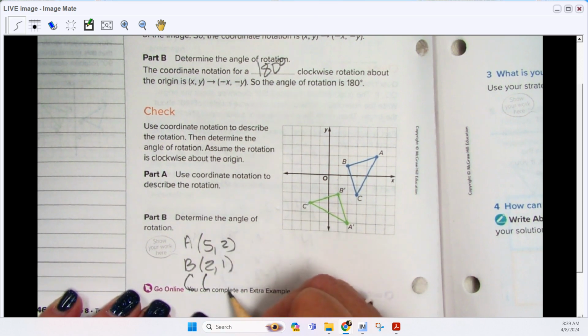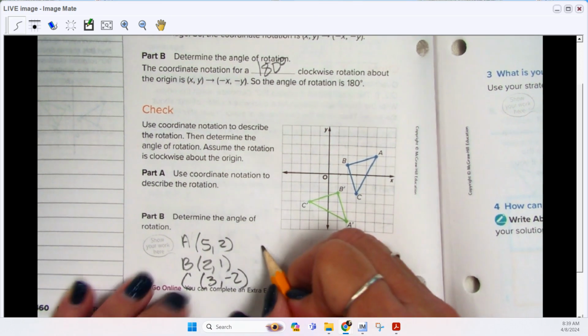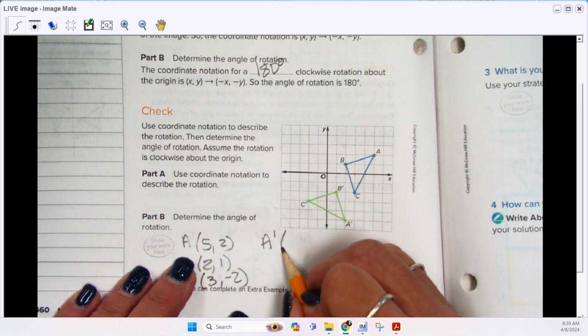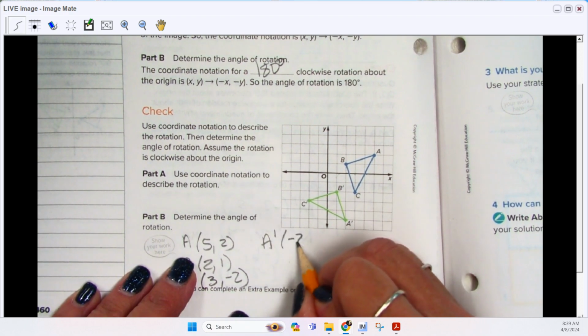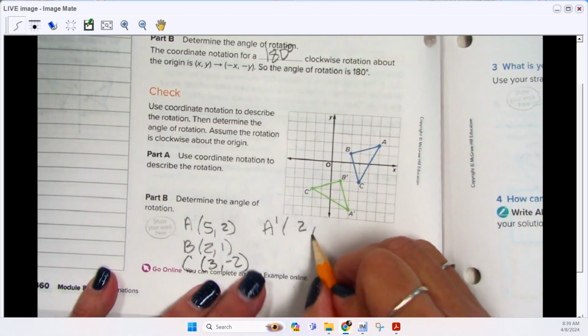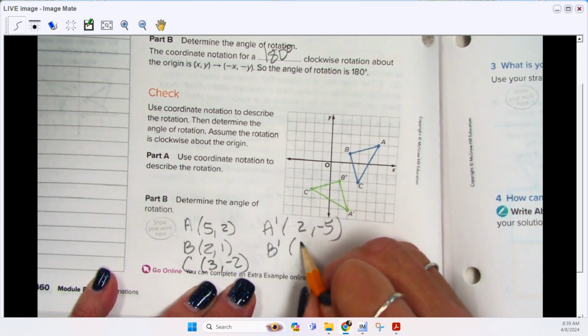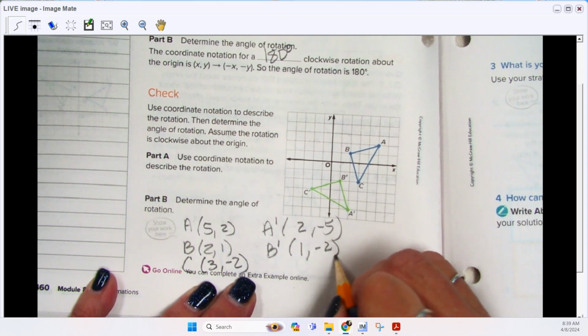C is at 3, negative 2. A prime is at 2, negative 5. B prime is at 1, negative 2.